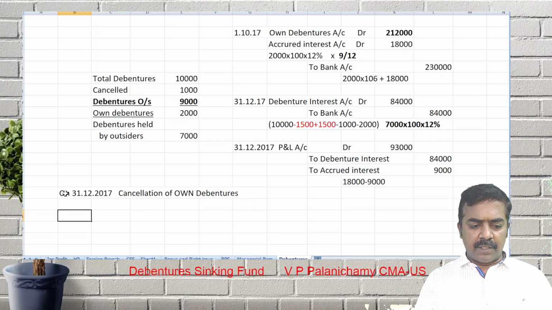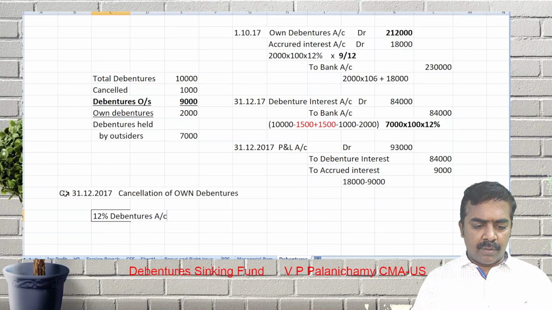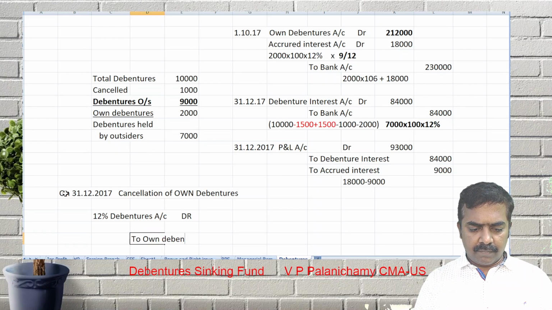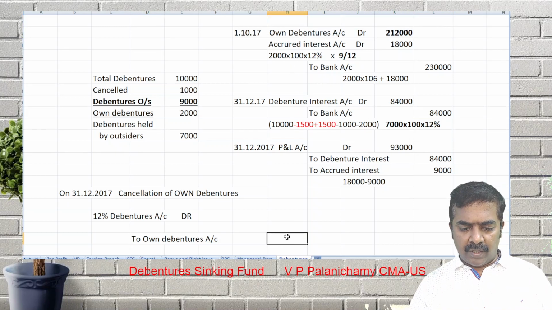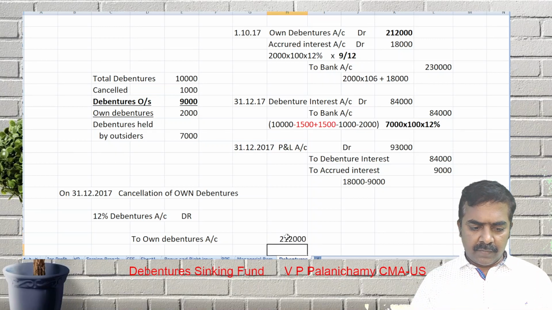Own debentures cancel பண்ணும். எப்படி cancel பண்ணுவீங்க? 12% debentures account debit to which account? To own debentures account. Own debentures எவ்வளவு purchase பண்ணிருக்கோம் பாருங்க இப்போ. 2,12,000 க்கு purchase பண்ணிருக்கோம். Okay.